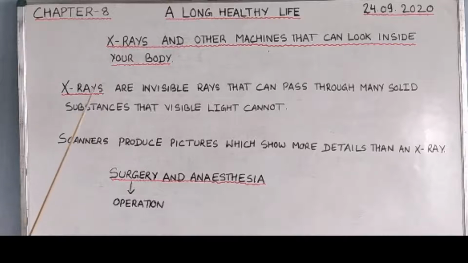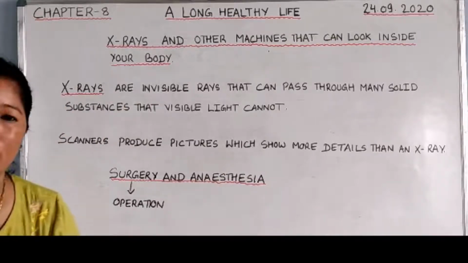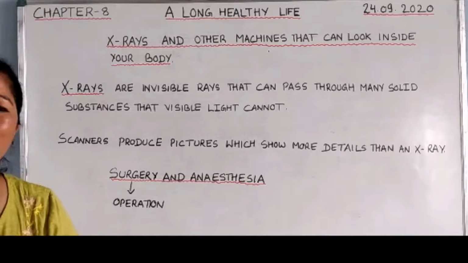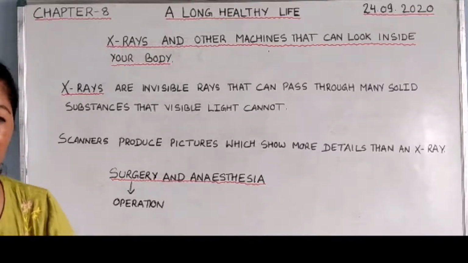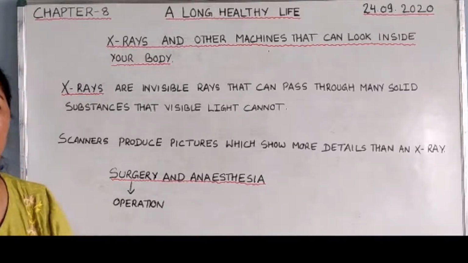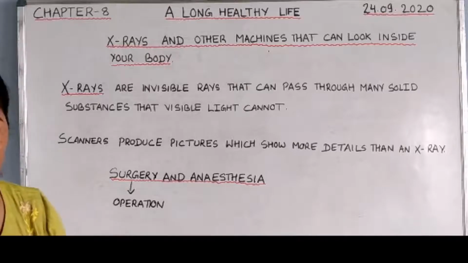These X-rays are invisible rays that can pass through many solid substances that visible light cannot. These rays are used by doctors to see inside a human body so as to treat injuries or diseases.